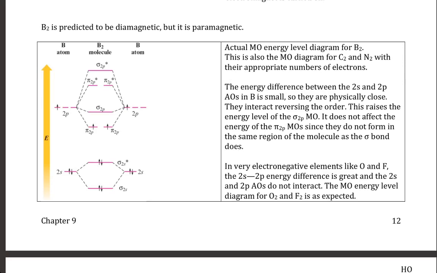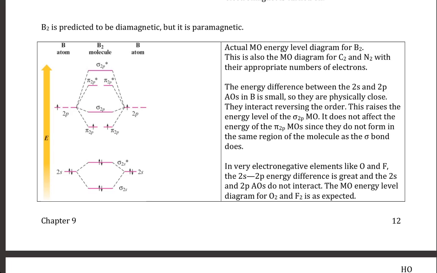Alrighty, so as we talked about, B2 is predicted to be diamagnetic. Turns out it's paramagnetic. That's what experiment shows us. So what we have to do is modify our model a little bit. It turns out that the energy level diagram for B2 and also for C2 and N2 looks like the one shown here.